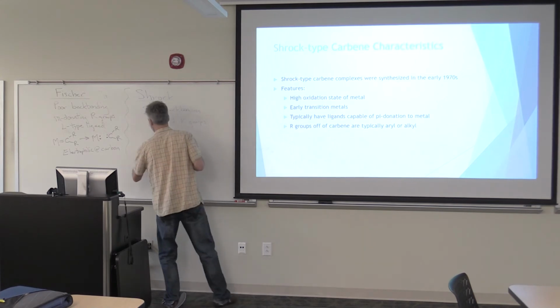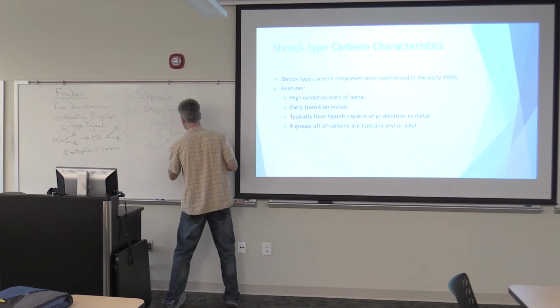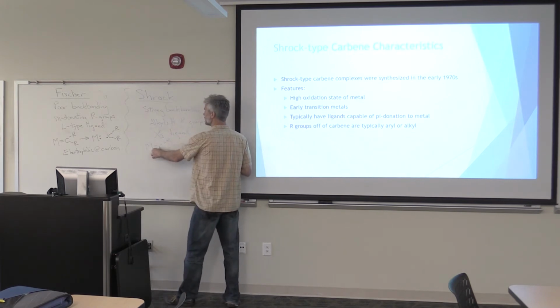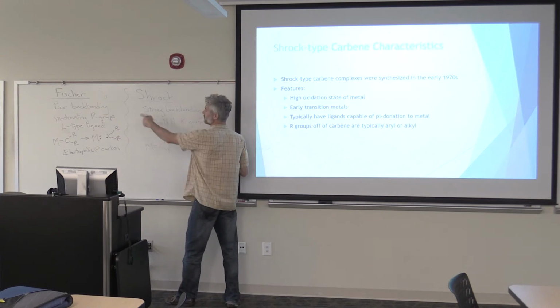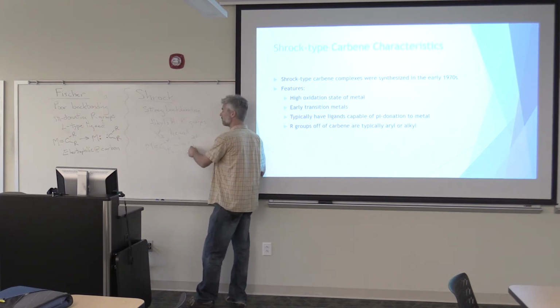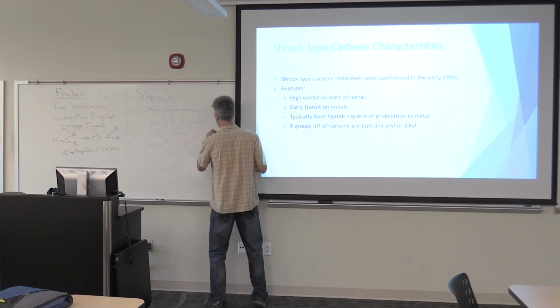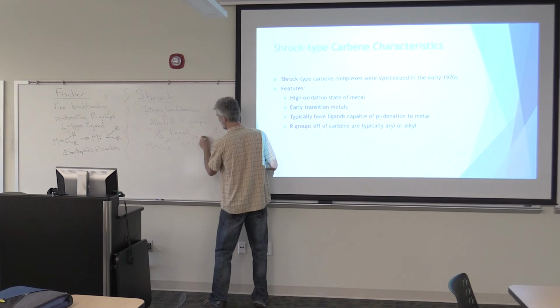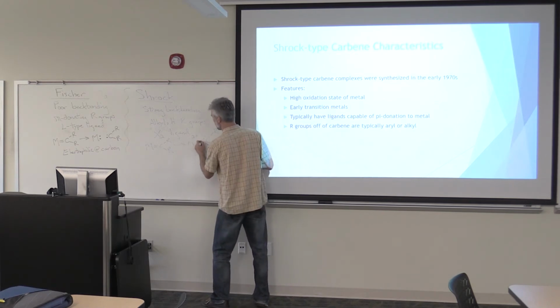So in the case of breaking these apart, we're going to say that those 2 electrons that the metal kept in the Fischer case, it's going to give those to the carbon. And so formally, we'll think of the metal as having +2 oxidation state, and the carbon will have 2 more electrons.